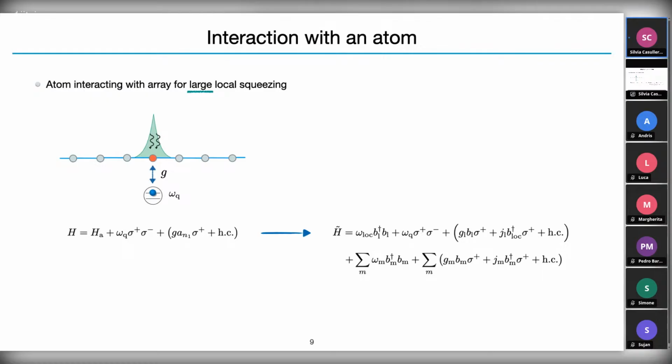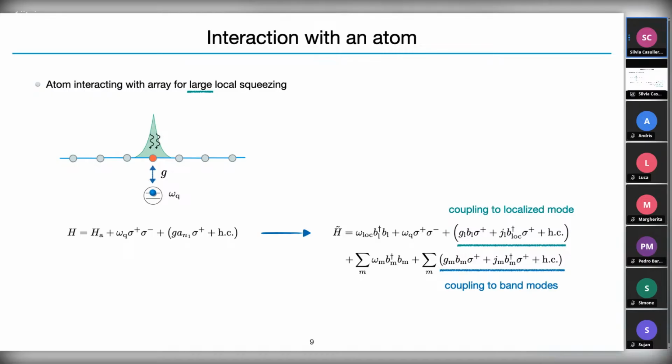If you express A as a function of all the others, you will find a coupling between the qubit and the localized mode, and then some coupling between the qubit and all the other band modes. In this case, you have both terms that conserve the number representation, and some that do not.